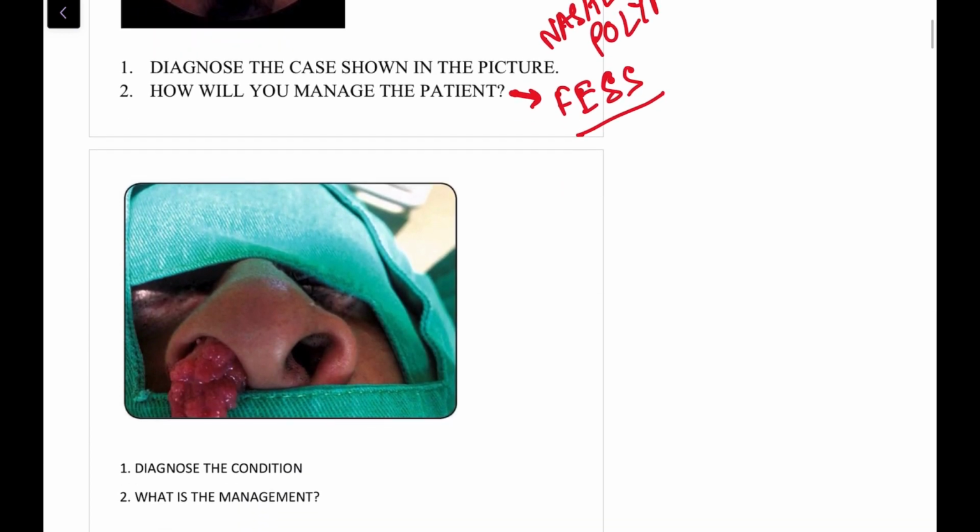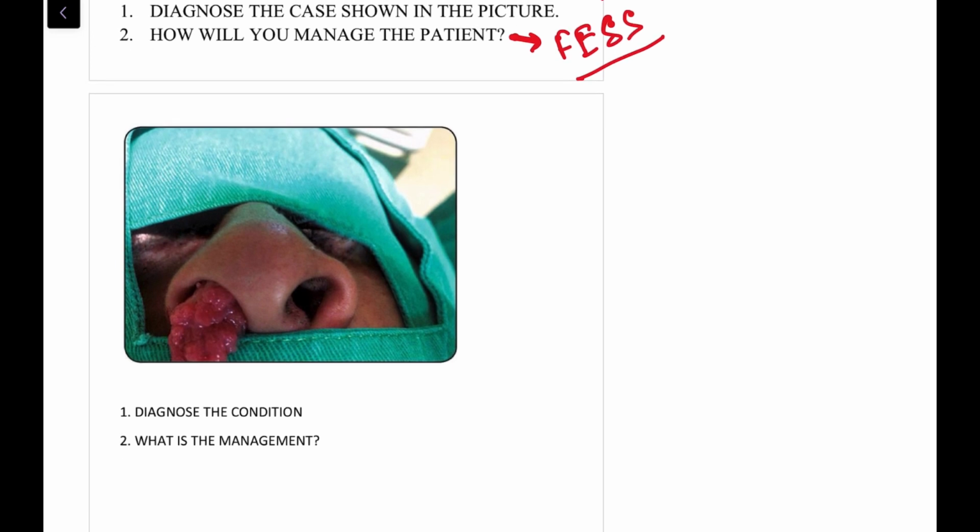Now this is also a similar kind of pathology, again a nasal mass, and see the gross pattern, like a grape-like thing. The best diagnosis that you can give here is rhinosporidiosis.